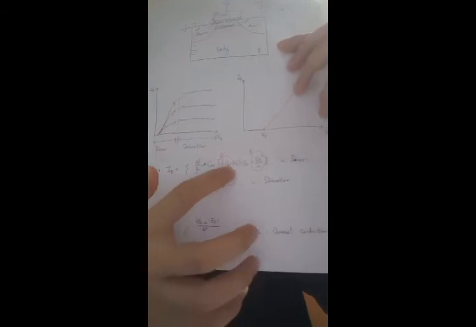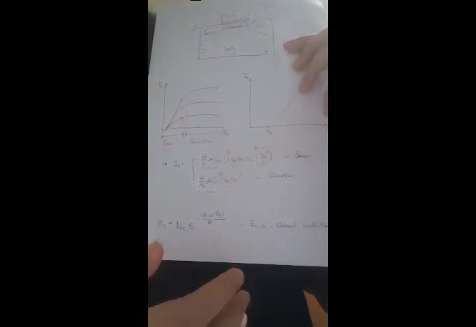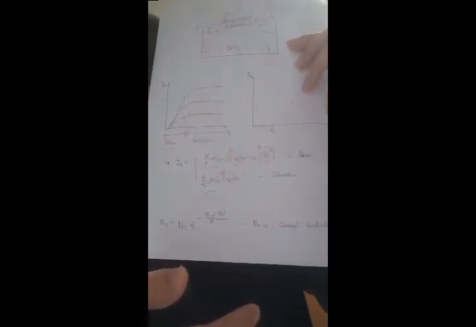But these other components, the gate bias and the drain bias, can be easily changed by the condition.